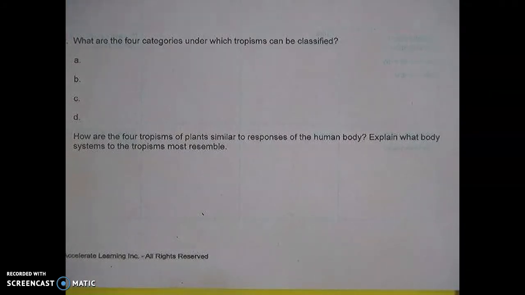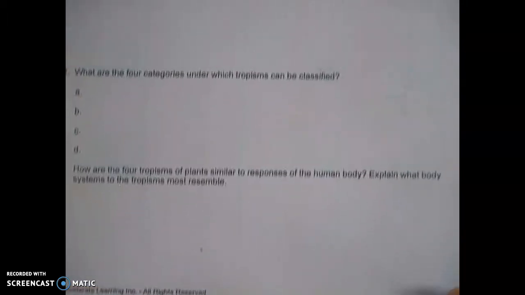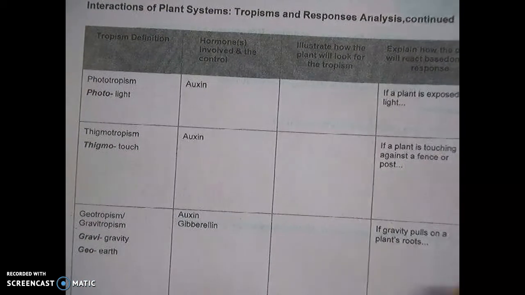So think about how you respond to touch. How do you respond to light? That sort of thing. And kind of think about those systems and what's at work there for you as a human and having systems. And then think about those plants, which are pretty crazy cool.